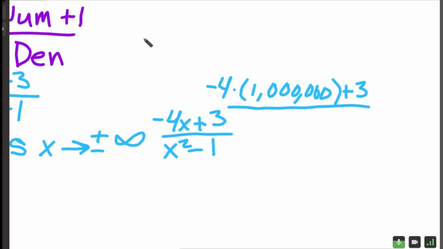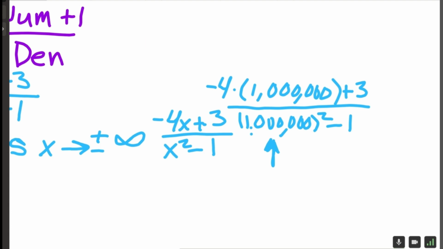And then what about this? 1 million squared minus 1. Again, the minus 1 really doesn't drive anything. It's what's going on in this x squared term. Between the two, what's going to be higher? Well, the denominator is, because you have this square term. 1 million times 1 million is a lot more. You can punch it in if you want, but it's a lot more than 1 million times -4.